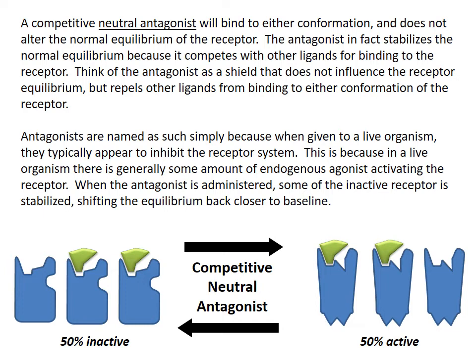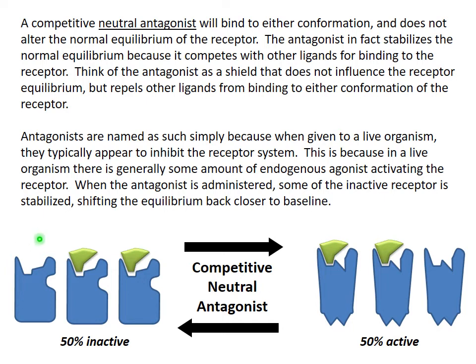So the activity of an antagonist depends on the context. In most cases, the body has some natural agonist at the receptor, right? So in most cases, an antagonist will inhibit or reduce the biological activity in a living whole organism. However, if I gave someone an inverse agonist, and then I added on top of that a standard neutral antagonist, that would shift us back to the middle.